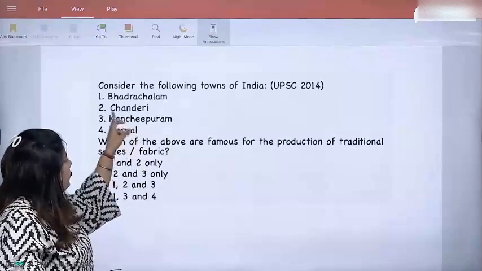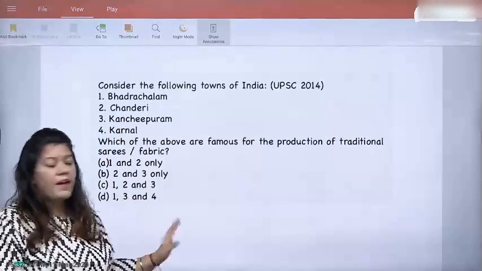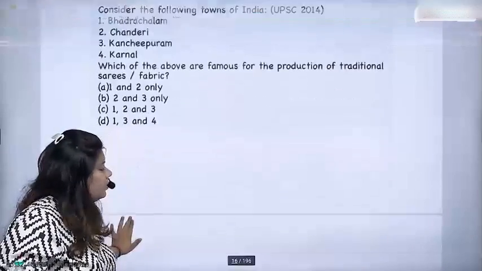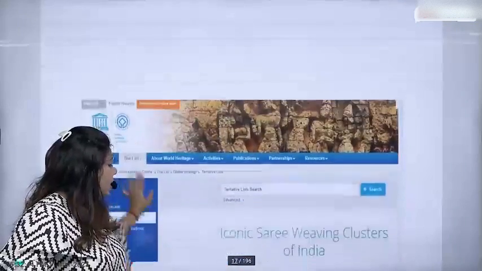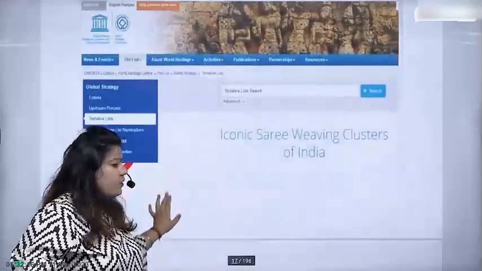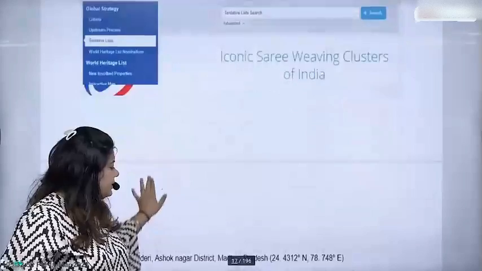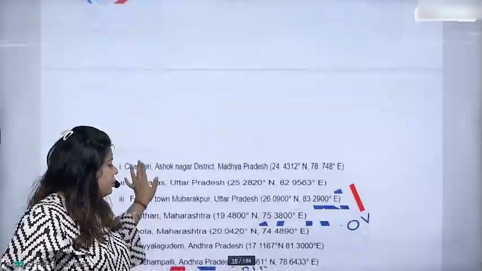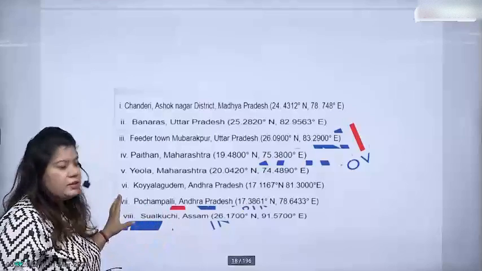So Kanchipuram and Chanderi are among those towns included in the UNESCO iconic sari weaving clusters of India list, right? There are certain places in India which have been given this title of iconic sari weaving clusters or towns.